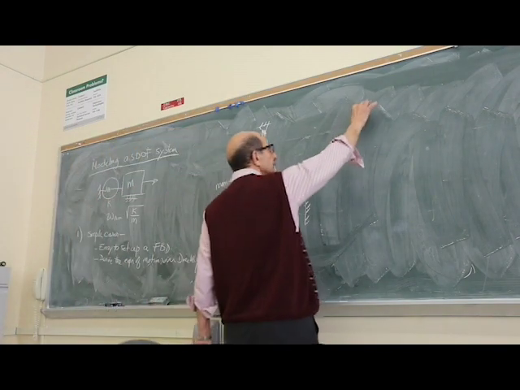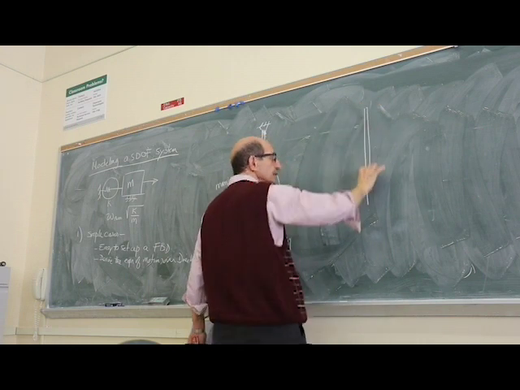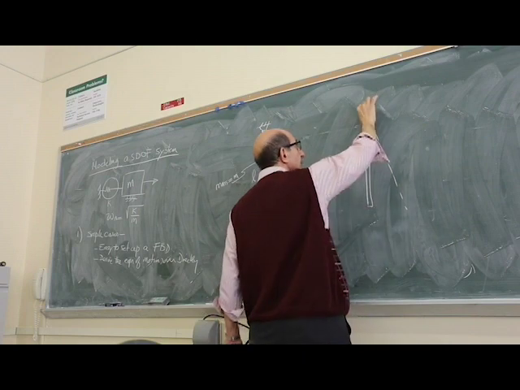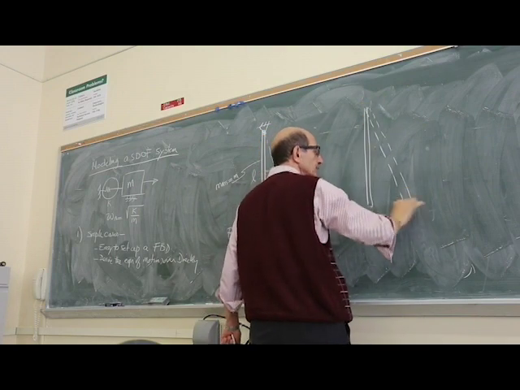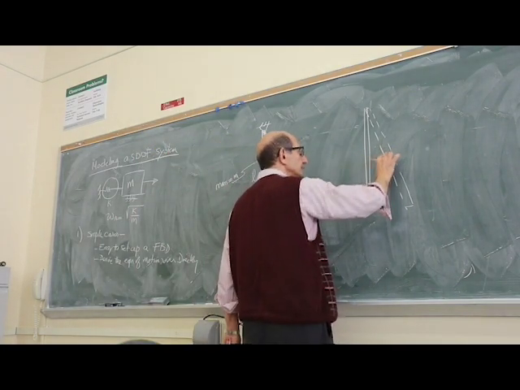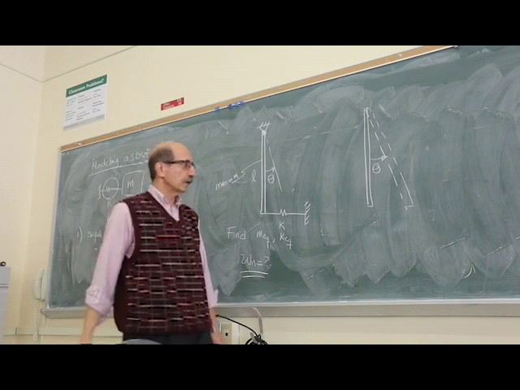So step 1 is you just set up the free body diagram. So free body diagram means after this has gone through some deformation or motion, use the D'Alembert principle to set up the free body diagram.